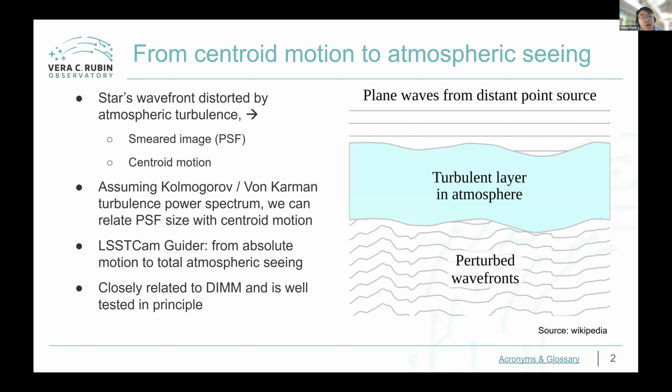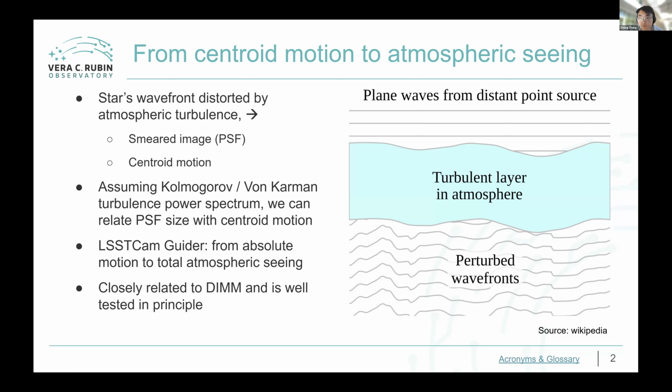Kolmogorov and von Karman have studied atmospheric turbulence a lot, and they have given us a form of the power spectrum of atmospheric turbulence. Using the Kolmogorov or von Karman power spectrum, we can relate the PSF size with the centroid motion of the star.